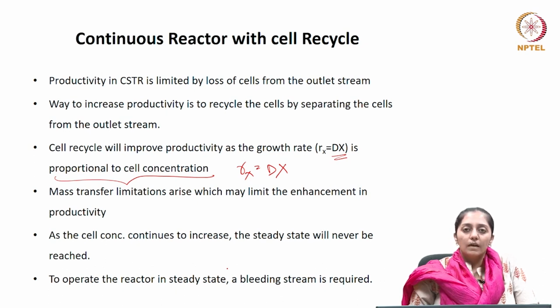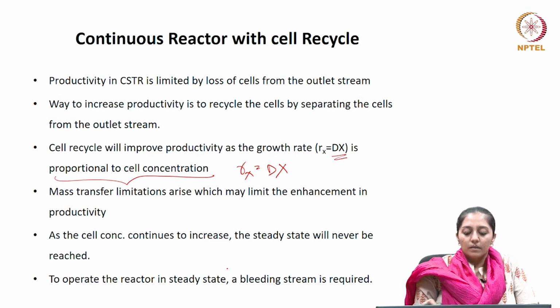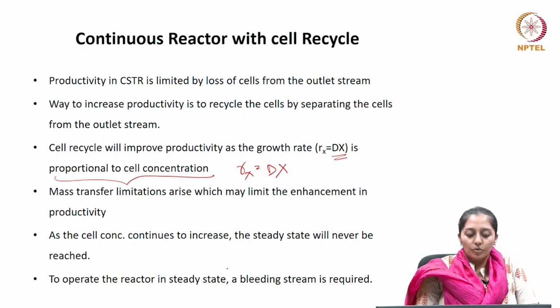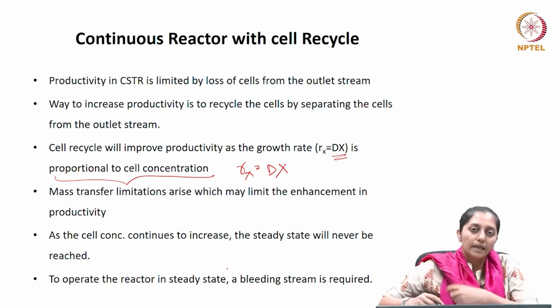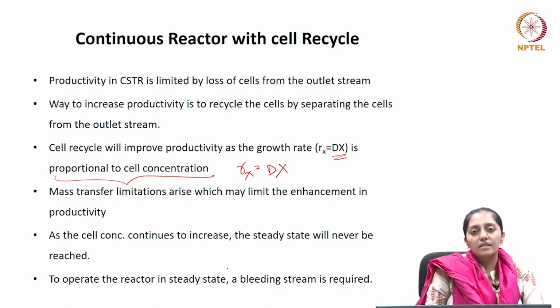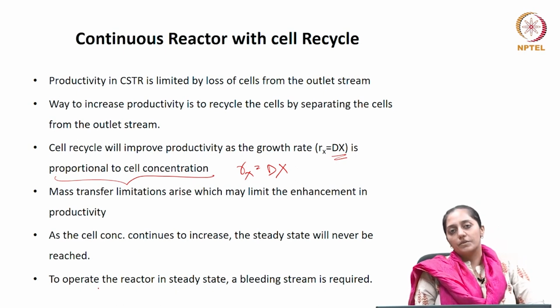Because as the cell concentration increases, mass transfer limitations will start appearing, and the mass transfer limitations can eventually cause a reduction in the growth rate of the cells and can therefore limit the productivity enhancement. Now, as the cell concentration is continuously increasing in such systems, the steady state is not able to be reached. So, to operate such reactors in steady state, what we need is called a bleeding stream.